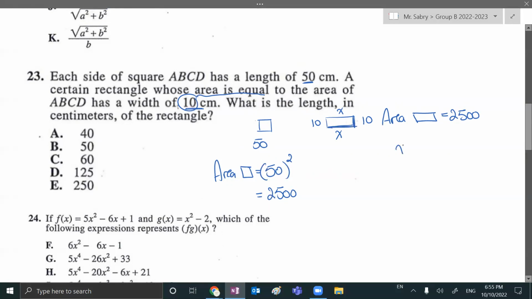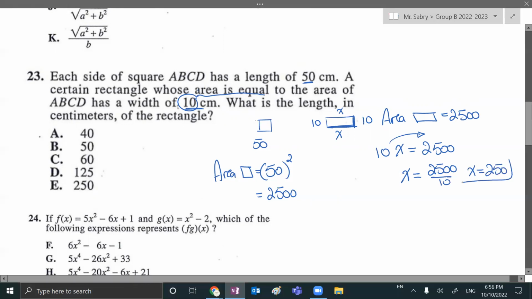The length is x and the width is 10, so 10 times x should give me the area, which is equal to 2500. To find the value of x, I'll just move the 10 to the other side by division. So 2500 divided by 10 gives me that the value of x is 250. So E is the value of the length of the rectangle.